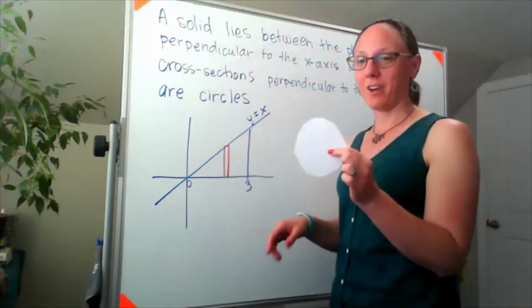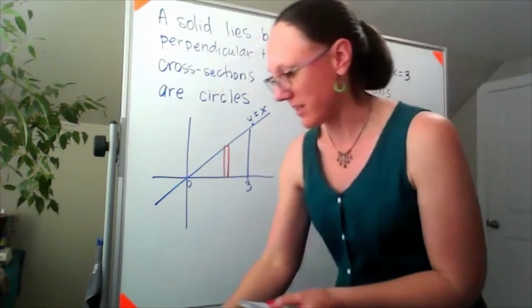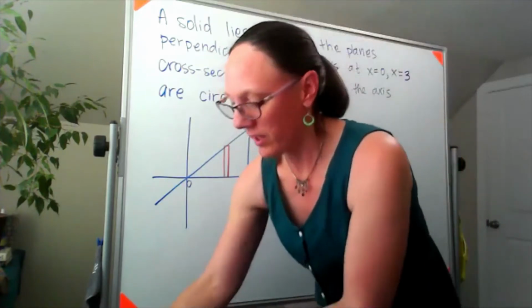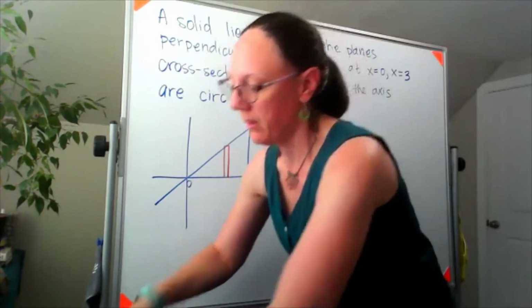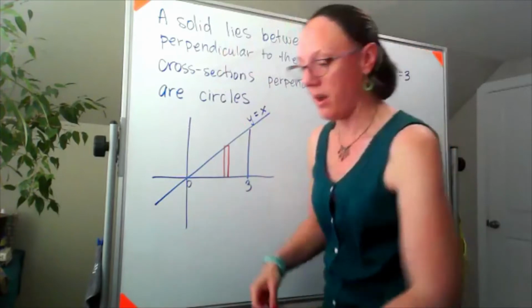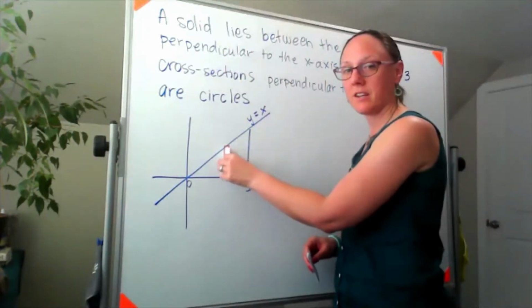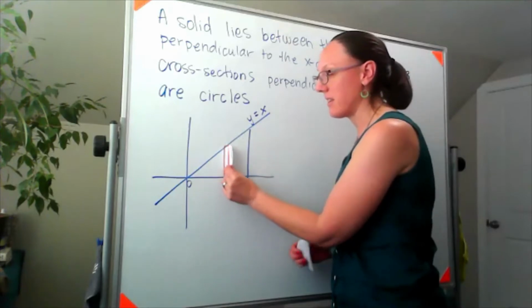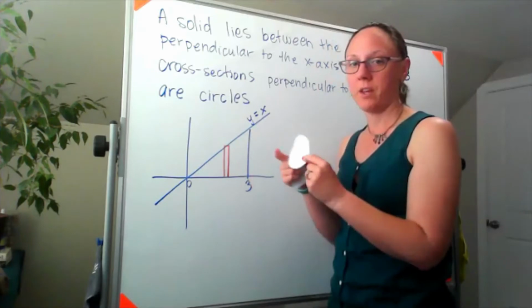So if I think about this shape, what this is saying is that I'm going to have at each possible value of x, I'll be taking a slice, and that slice will have the shape of a circle.